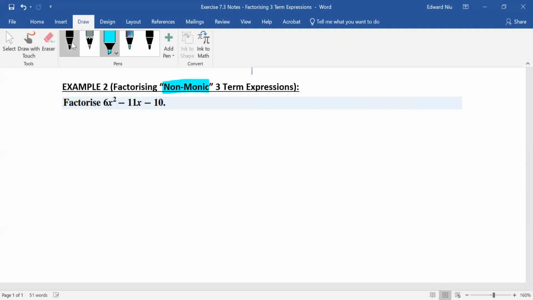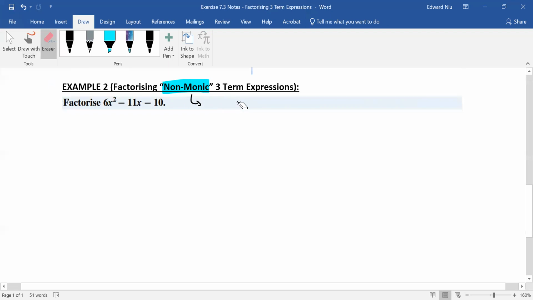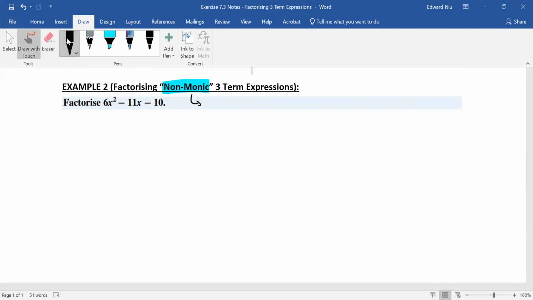This means there's a coefficient in front of x squared.